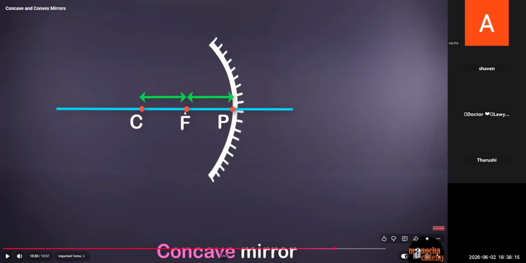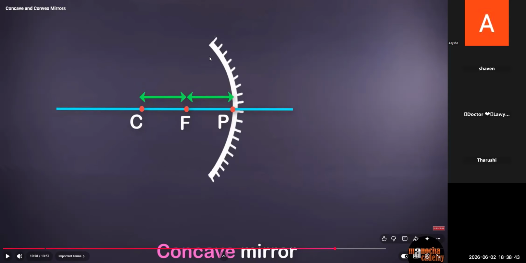Focal point is where? It's on the principal axis between the center of curvature and the pole. And what is the size? It's half of the radius of the sphere. It is exactly half of this radius, right in the middle between the center of the sphere and the pole. In Sinhala we call it නාභිය.